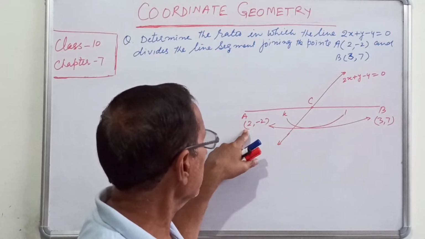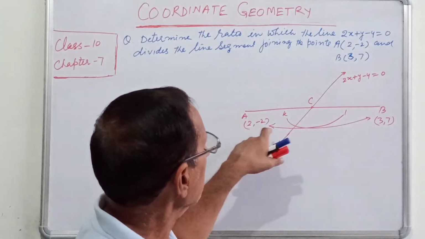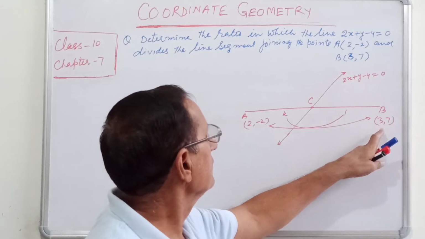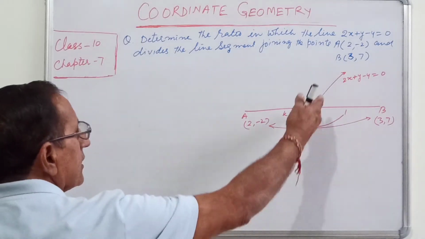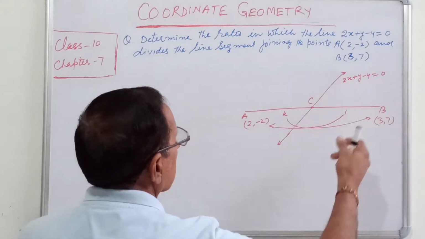The point A here has coordinate 2 and minus 2, and the other point B has coordinate 3 and 7. And this is a line which is dividing the line joining A and B.